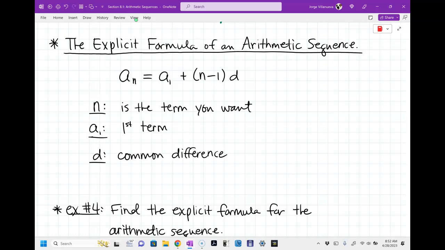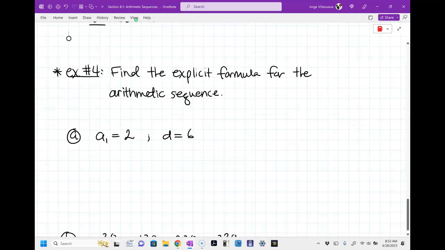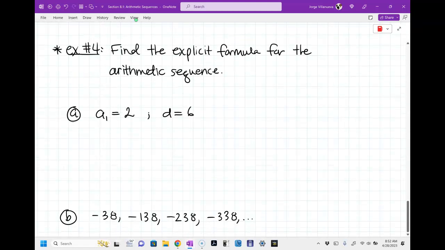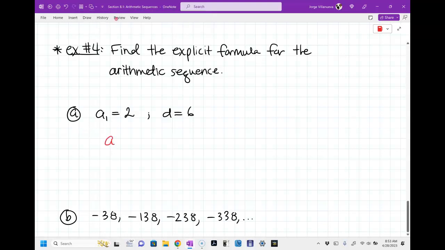So I got 2 more examples. Example 4, A and B, and then we're done. Find the explicit formula for that arithmetic sequence. Now this one is very easy. The next one you might have to do a little bit of work. It's not terrible, but it's just a little bit of work. Because once you know your first term and your common difference, writing your formula is simple.